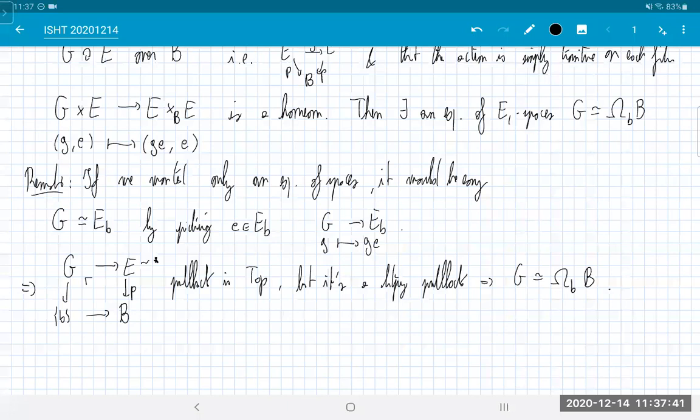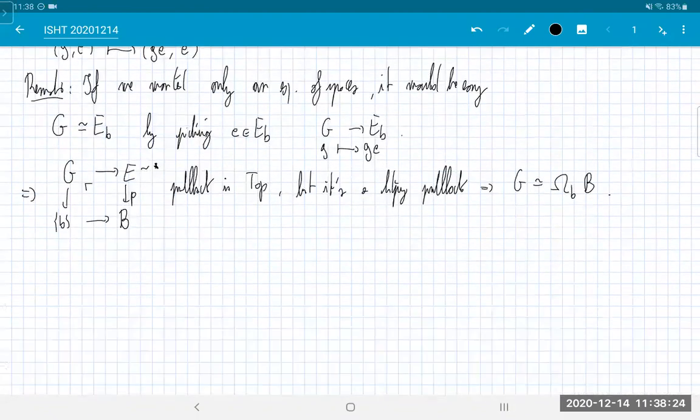And the proof that it's a map of E1 spaces is essentially the same proof, only done more carefully. But is this proof clear?